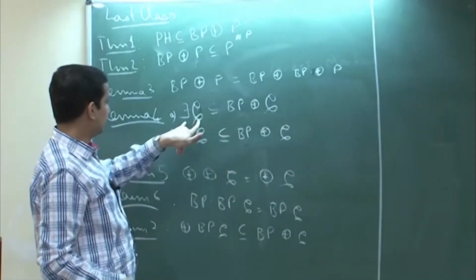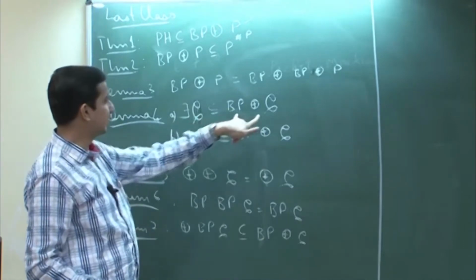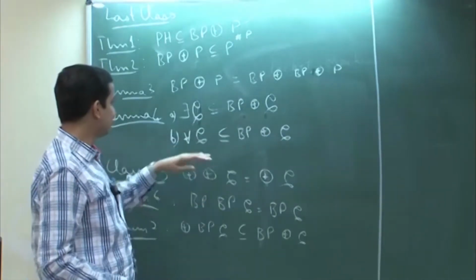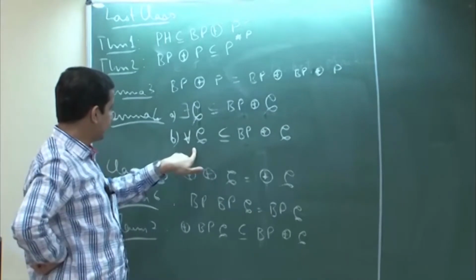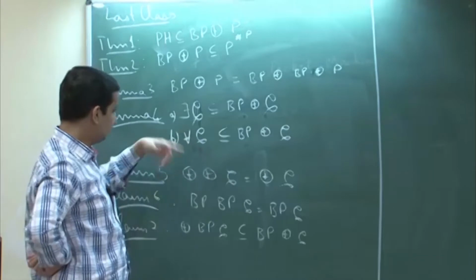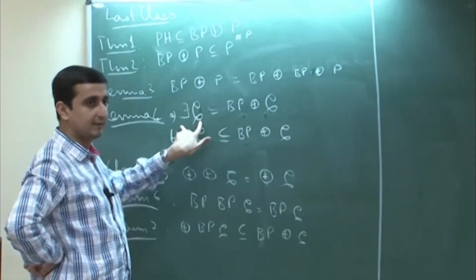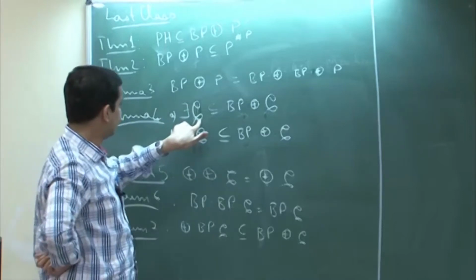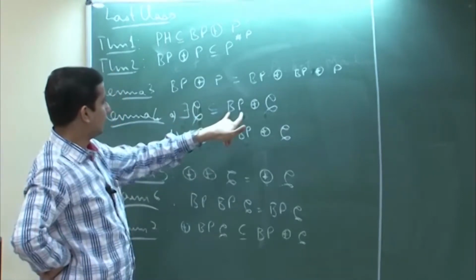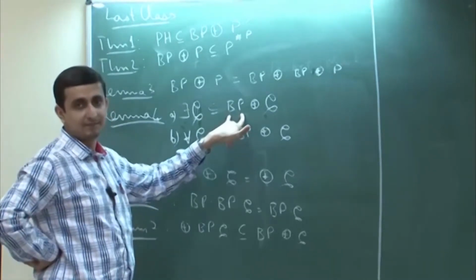Suppose we know that this is true, so suppose there exists C contained in BP.parity.C. Pick a language in for all C. The complement of that language is contained in there exists C. Since the complement is contained in there exists C, if I just switch the answers of the BP machine, okay.